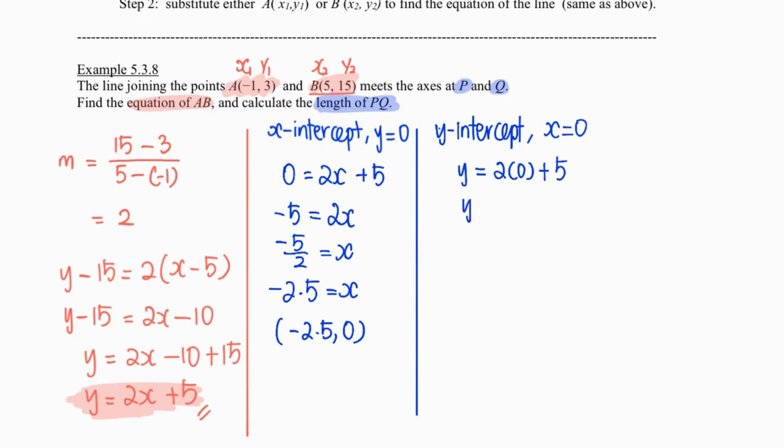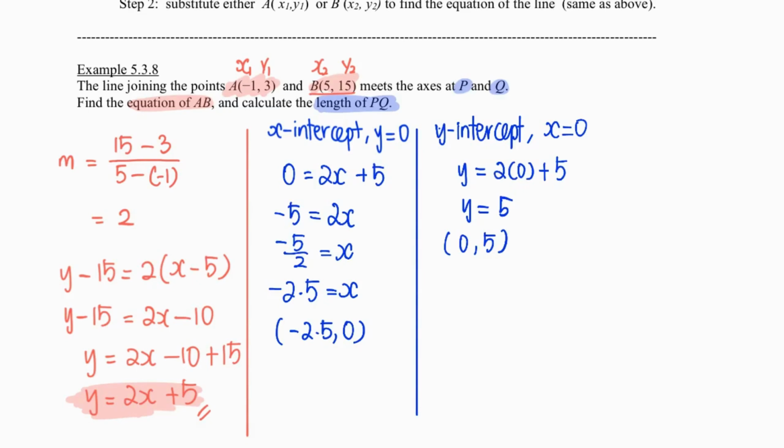But nevertheless, it just shows you that you can get this. So the other point will be 0, 5. So we have successfully gotten the 2 points.